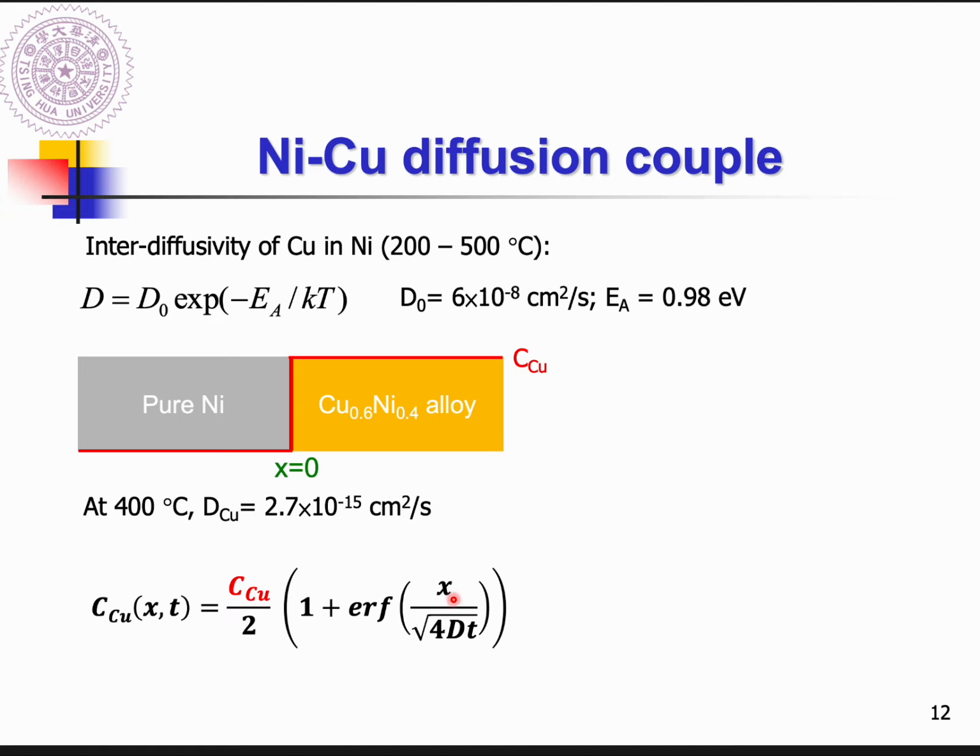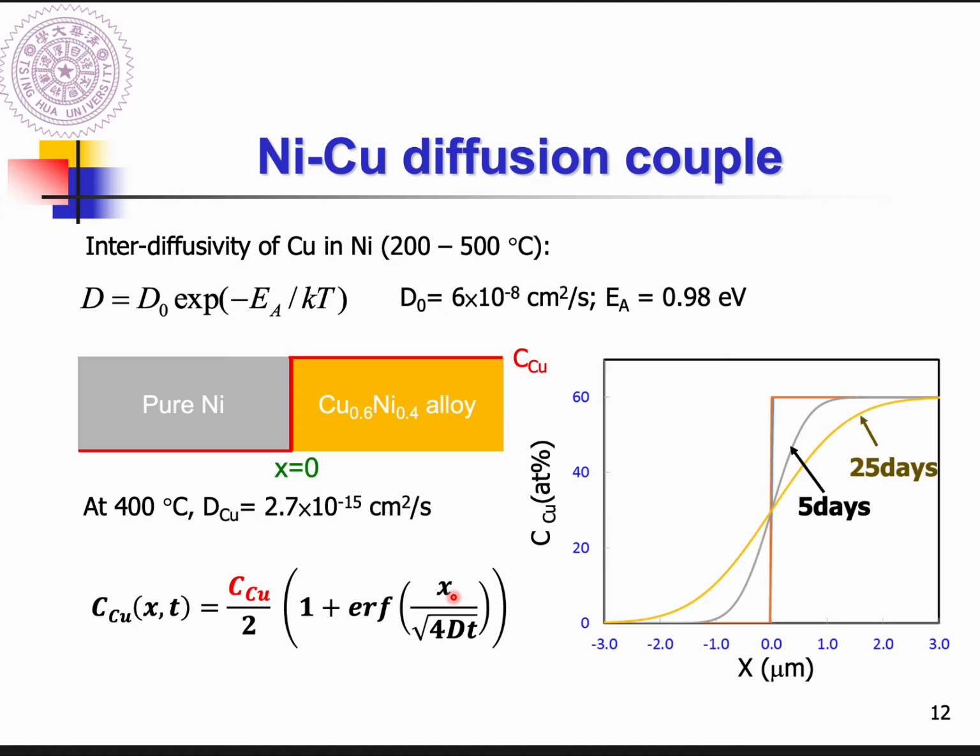And the error function of eta. So you can write it like this. Based on these equations, we know the diffusivity, right? So as long as you know the time, we can plot the concentration profile.